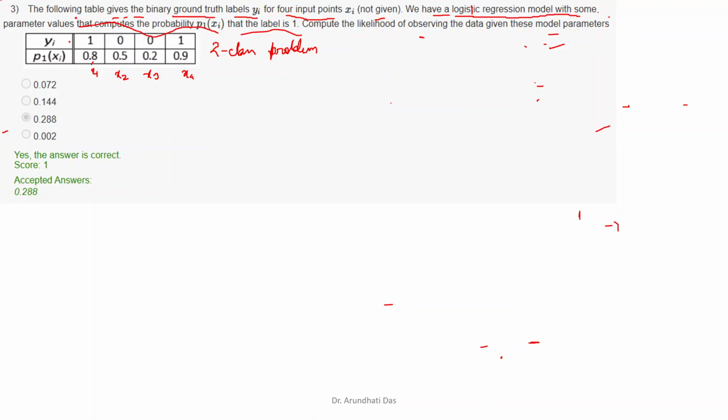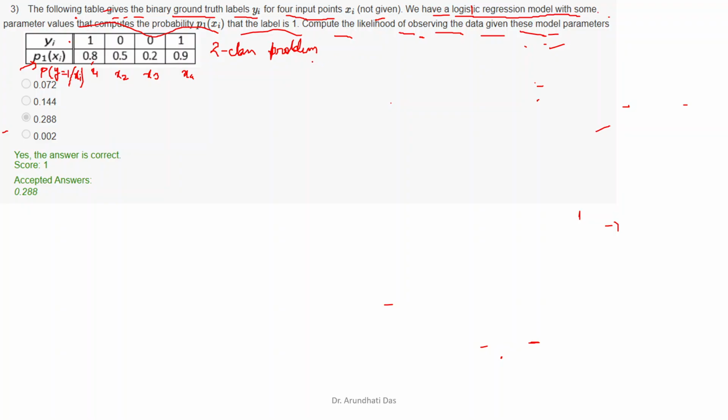Those input values are not given directly. Now I need to compute the likelihood of observing the data given these model parameters.